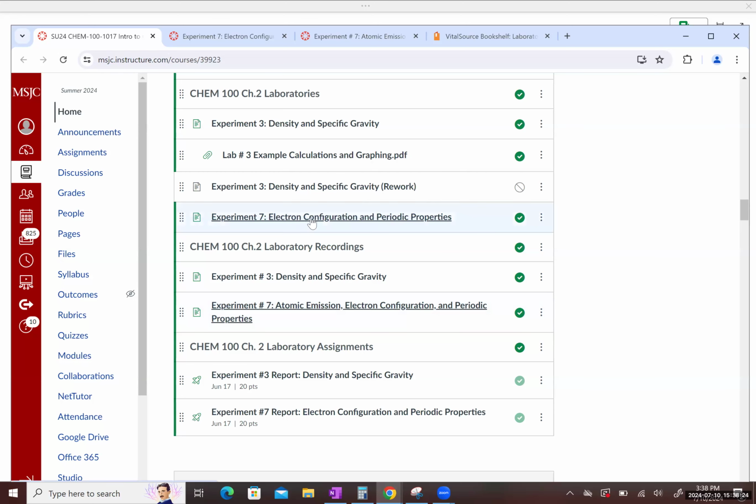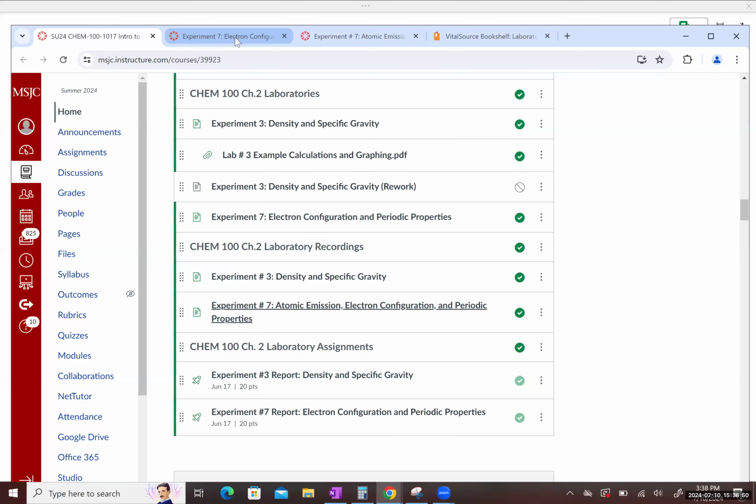There is a laboratory page available, and that laboratory page is going to contain the videos, images, and other information that you need to write down and record your data and observations for this experiment, and then ultimately complete the calculations and complete your report sheets to complete this lab.